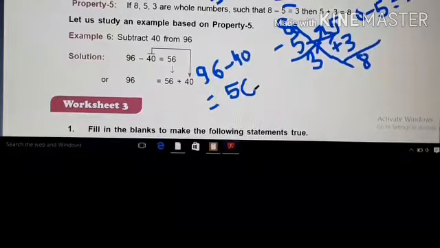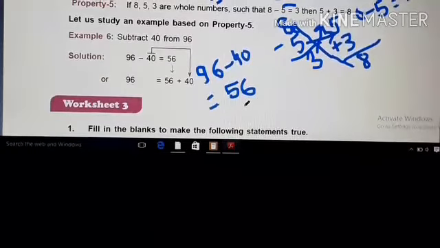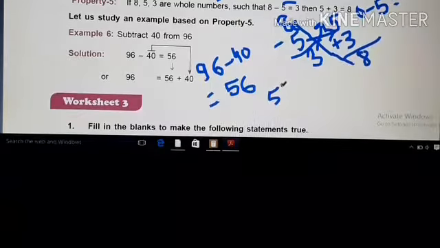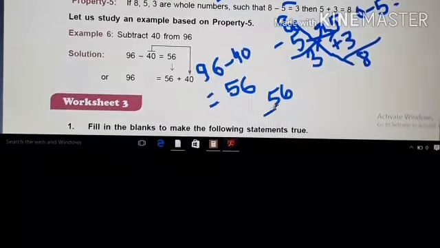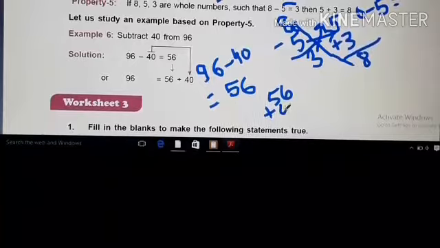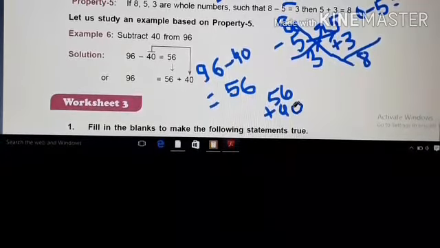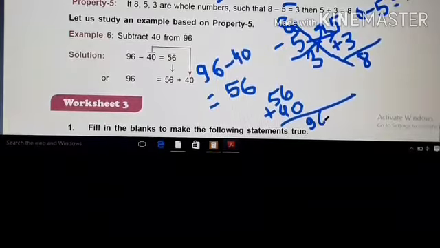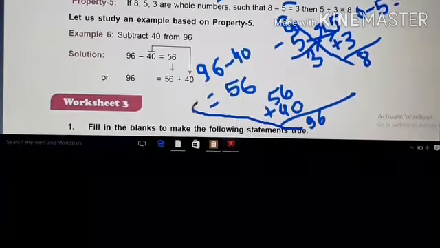But when we add 56 with 40, this gives you 96.